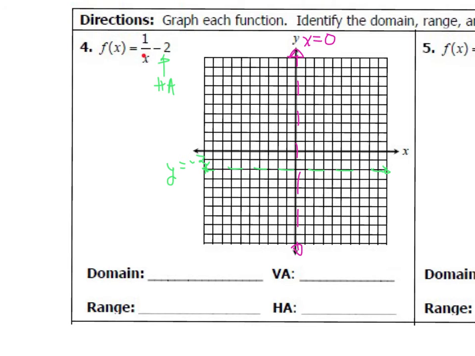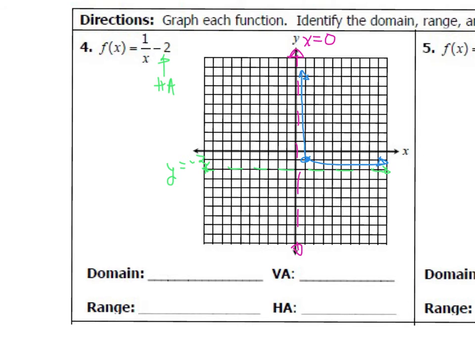Typically, I'm going to put in whatever creates a non-fraction. So if I let x equal 1, 1 divided by 1 is 1, minus 2 is -1. So when x is 1, y is -1. So all I need is one point over here to tell me where my branches are going to go. So I'm going to hug that asymptote right here.